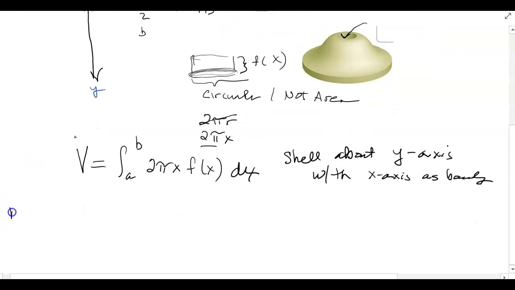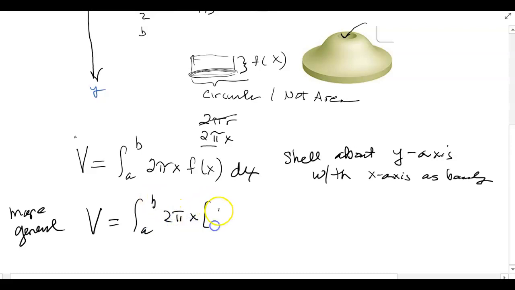The more general would be volume equals a to b 2 pi x times f of x minus g of x dx. That's if you have a secondary function where this represents the shell height.